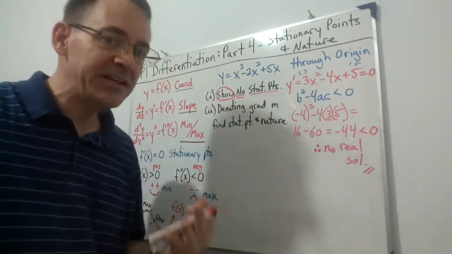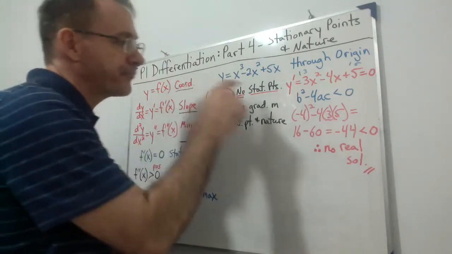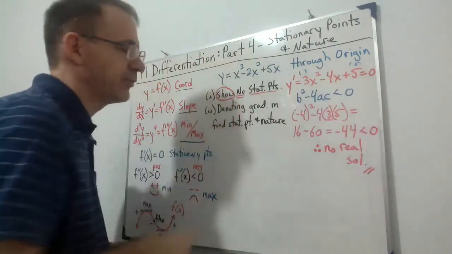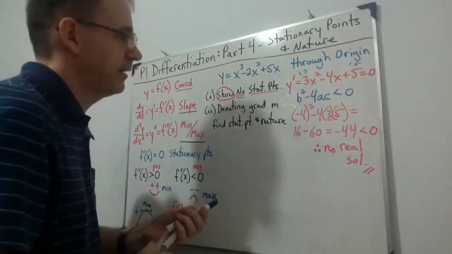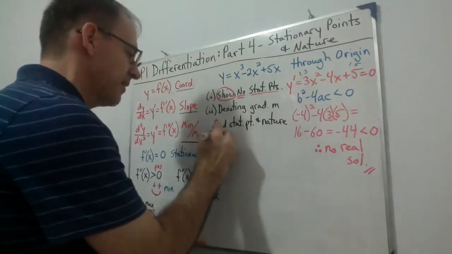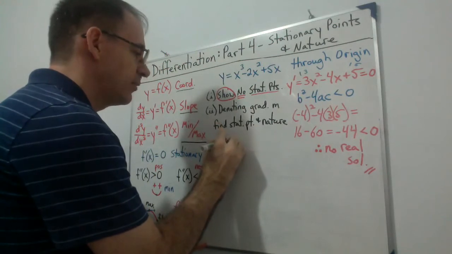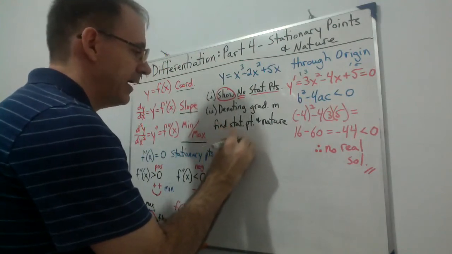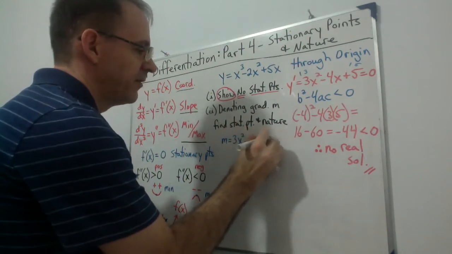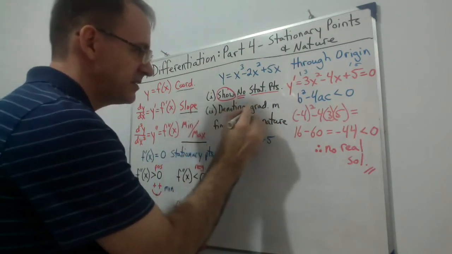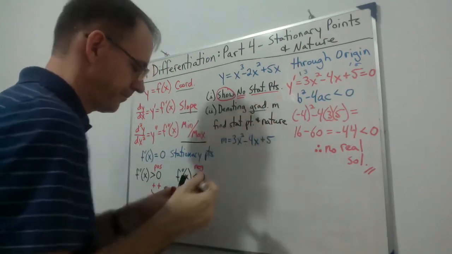Okay, so they're redefining for us our first derivative of the original function. They're now calling it m. So we're going to say that m equals 3x squared minus 4x plus 5, because this is the gradient.